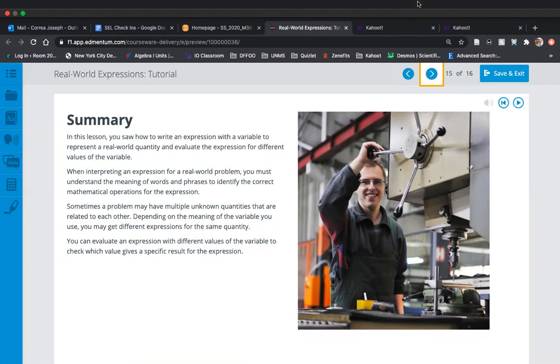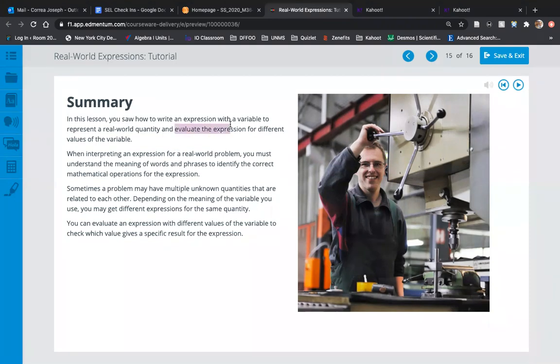We wrote those out into expressions with variables. And then what we did today was we just evaluated those expressions, right? So when you see evaluate an expression, all that's saying is to give the variable a number and figure out what it is, right? That's what it means to evaluate something in math, right? They say plug in. I use the term substitute. Try to use substitute. That's more mathematically correct.